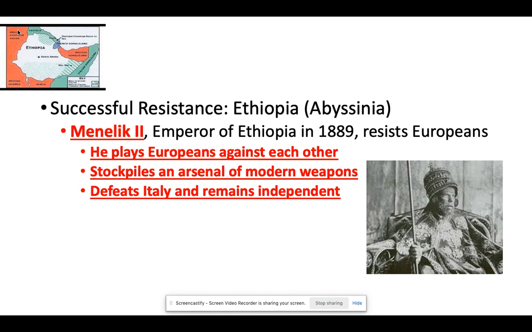At that time, we will refer to it as the Abyssinia crisis. And the next time Italy shows up in Abyssinia or Ethiopia, they're going to bring weapons of mass destruction. They're bringing chemical warfare, and the world does nothing to stop it. But here, Ethiopia remains independent.